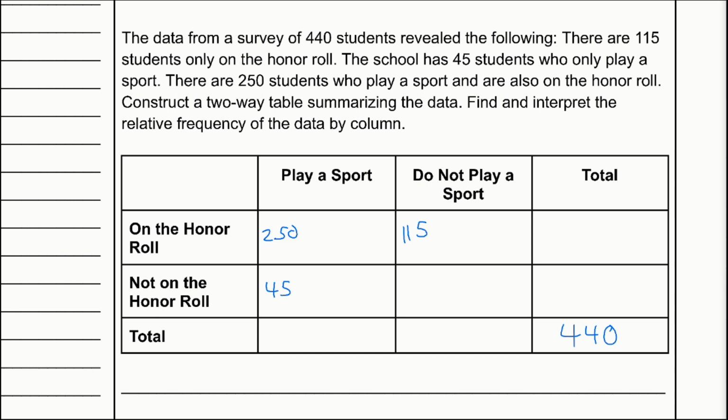Okay. Yeah, we can take it from here. Okay, so I'm going to find my total honor roll kids. That's going to be the 250 who play a sport plus the 115 who don't. 365 is what we got. I'm going to find the total sport players. That'd be 250 plus 45, which is 295.